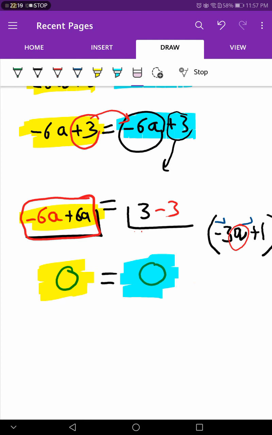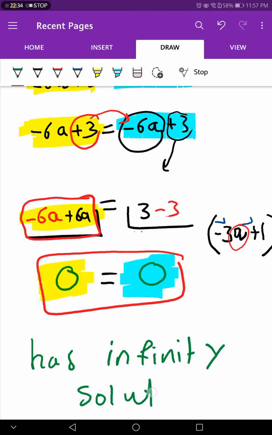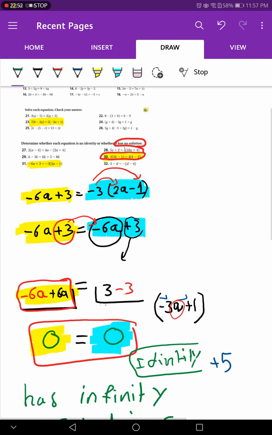When I reach 0 equals 0, directly you say the equation has infinity solutions. That means the equation is called an identity. Remember, identity. Forgive me for the spelling. So question 31 is an identity equation.